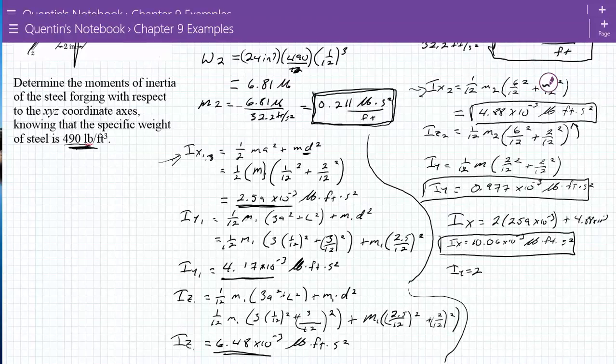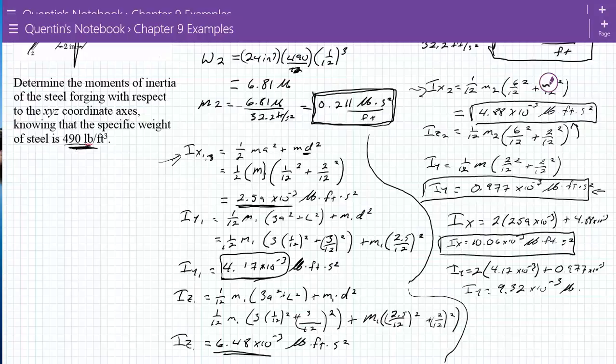Iy is 2 of these right here, so 4.17 times 10 to the minus third plus this one right here, which is 0.977 times 10 to the minus third. So Iy ends up being 9.32 times 10 to the minus third pound foot per second squared.